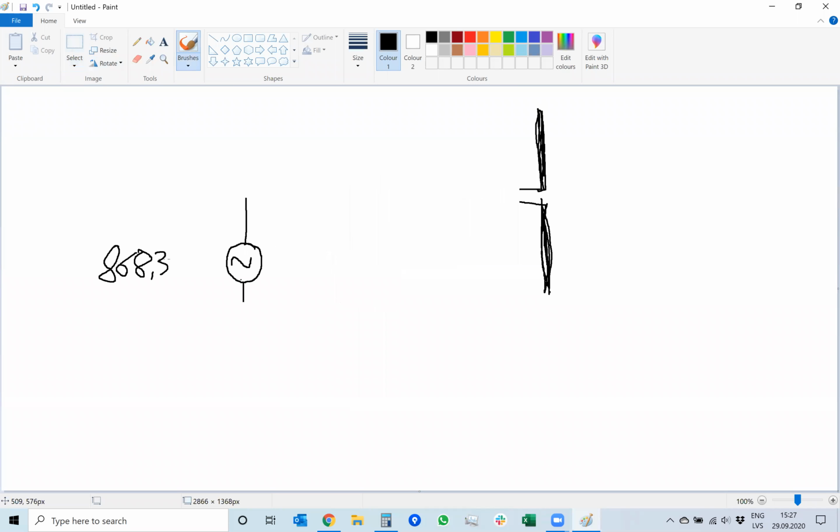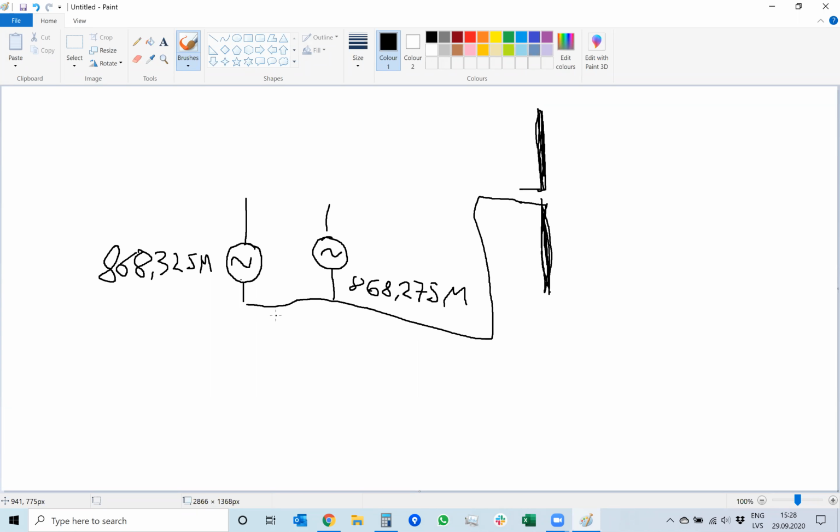One will be at 868.325 megahertz, and the other one will be at 868.275 megahertz. And we connect the grounds together, for example, but we just switch over between an off state, where the antenna is disconnected from the generators.